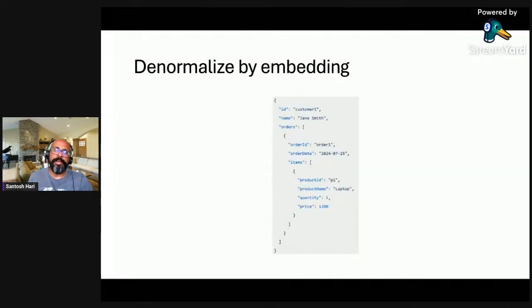So you see, there's a couple of ways of doing this. You can denormalize by embedding. You can choose to embed data within a document, and each approach has its own advantages and use cases. Embedding involves including related data within the same document.